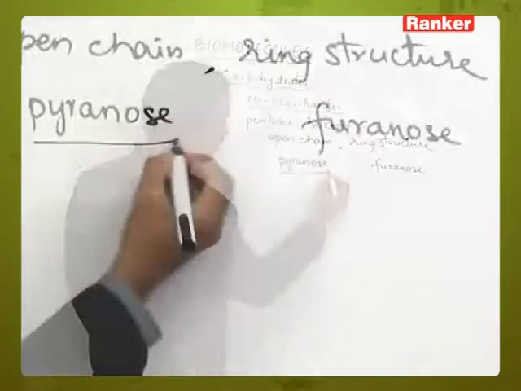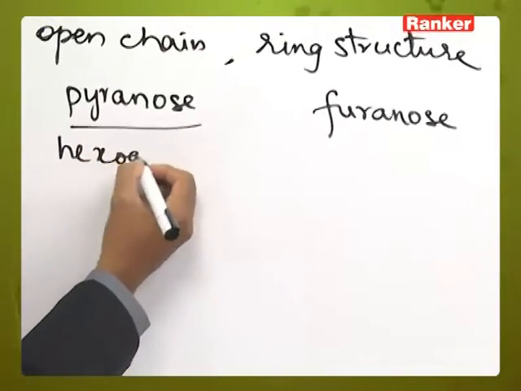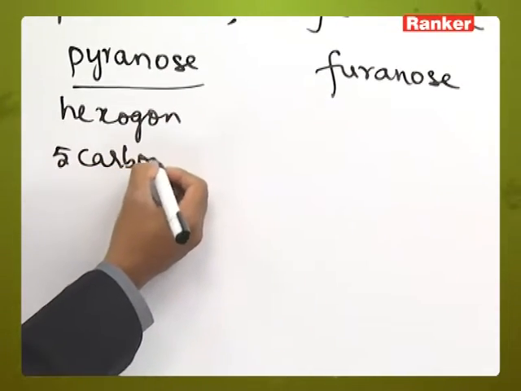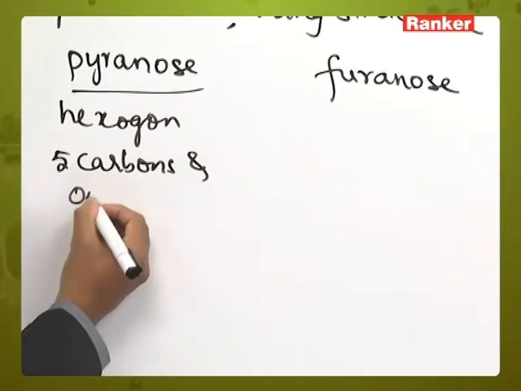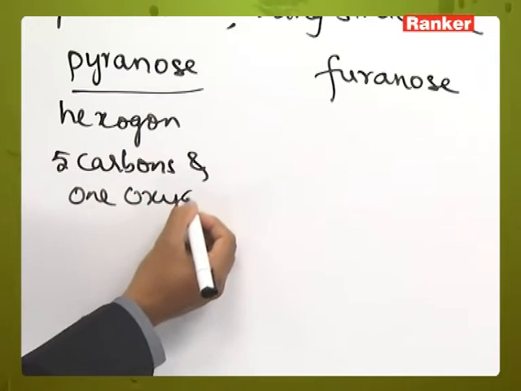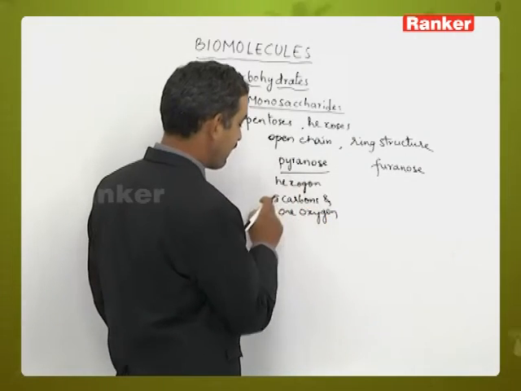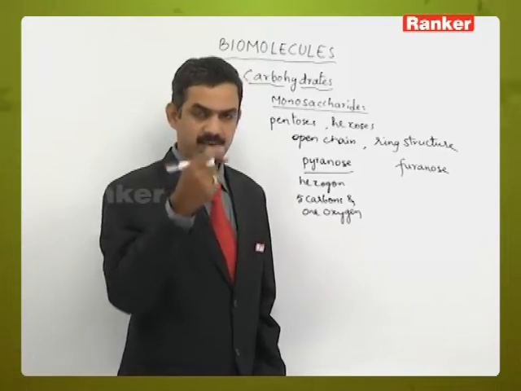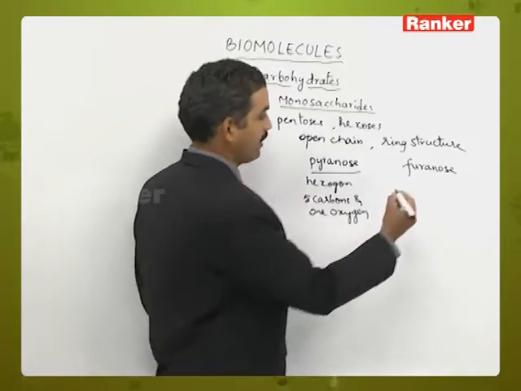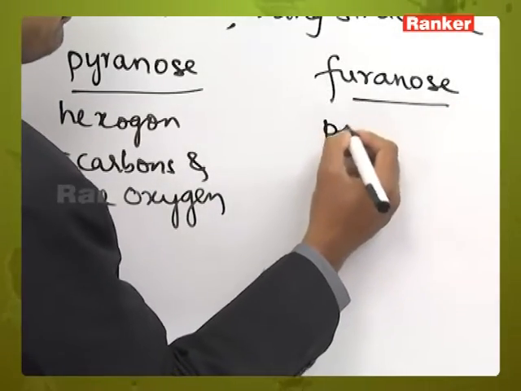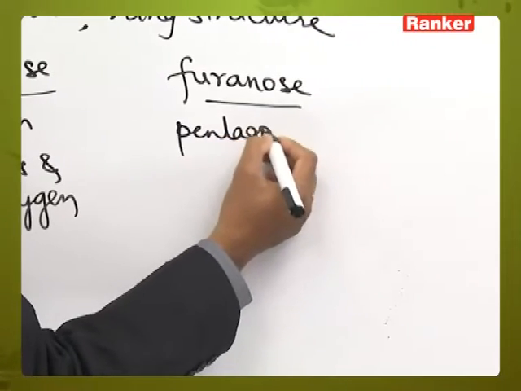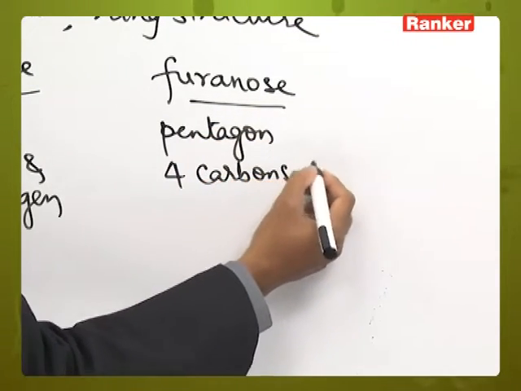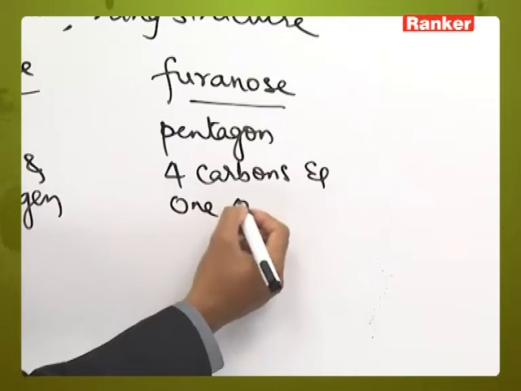In the pyranose structure, it is a hexagon with 5 carbons and 1 oxygen in the ring structure. So the 5 carbons are present in the ring structure, but if we are saying hexagon, the sixth one is present outside the ring structure. Furanose is the pentagon with 4 carbons and 1 oxygen.